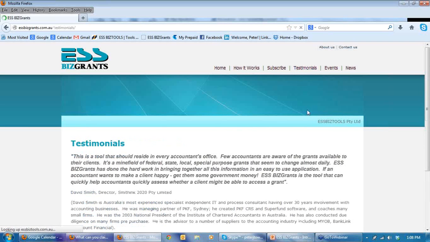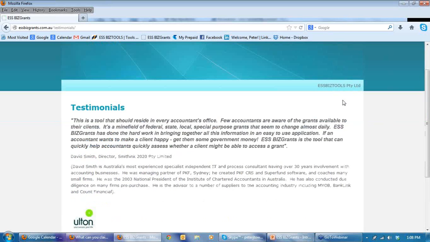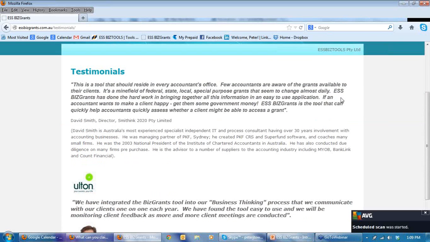David Smith, Director of Smith Inc. 2020, formerly the President of the Institute of Chartered Accountants in Australia, about 12 or 13 years ago, was one of the gentlemen that convinced us to write ESS BIZGrants, primarily because of problems he saw in the small business community who were complaining about accountants not keeping them abreast of what was happening with government grants.